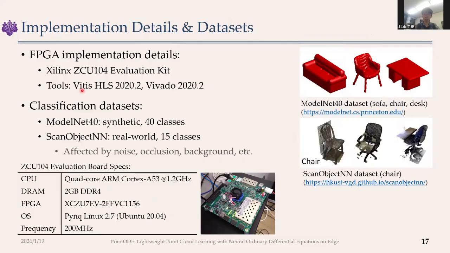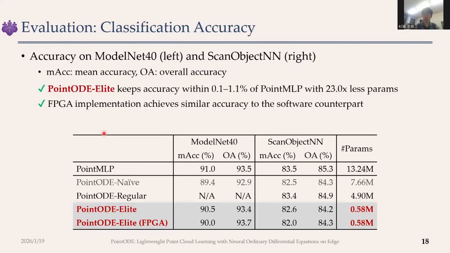We evaluate the accuracy of PointODE on two famous point cloud classification datasets, ModelNet40 and ScanObjectNN. First, we show the accuracy on the two classification datasets. As we can see, PointODE-elite keeps accuracy within 1% of PointMLP with 23 times fewer parameters, and the FPGA implementation achieves similar accuracy to that of the software counterpart.